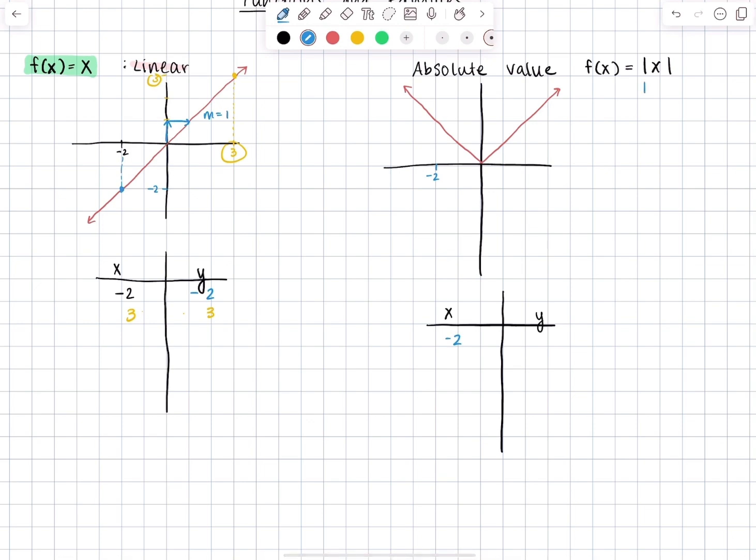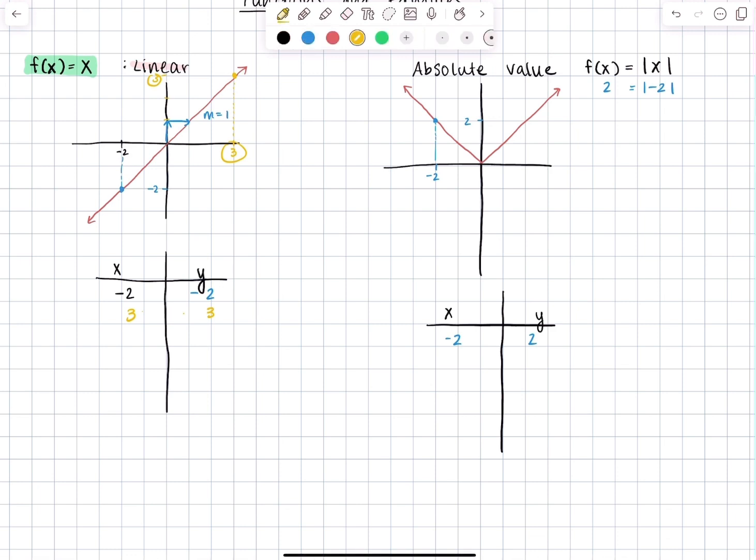So when we plug in -2 for x, that is just 2, so 2 numbers away from 0. So the y value would be 2. When we go up on our graph, at -2, it's 2. So that's what we got here.